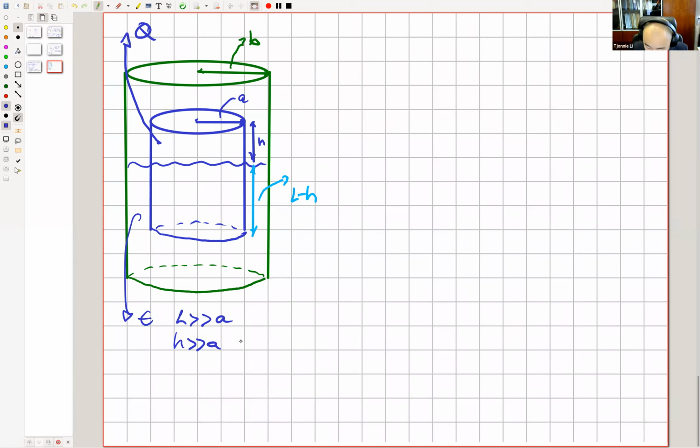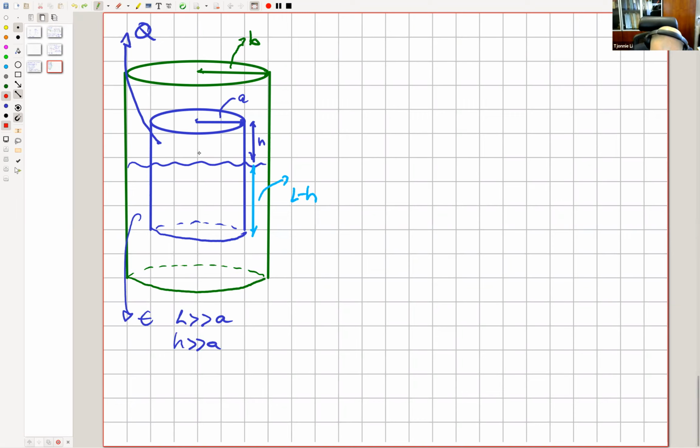Okay, let's think about this problem, and let's set up our coordinate system first. Of course, we would be using a cylindrical coordinate system.